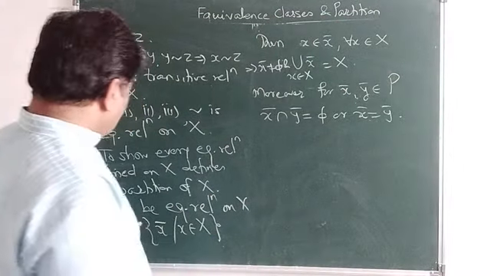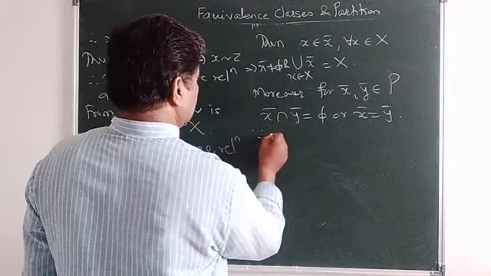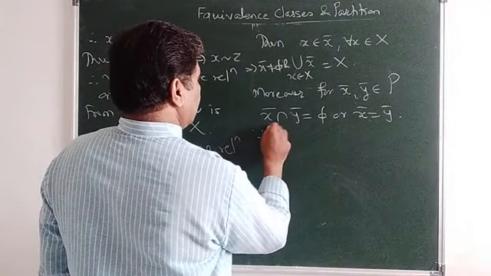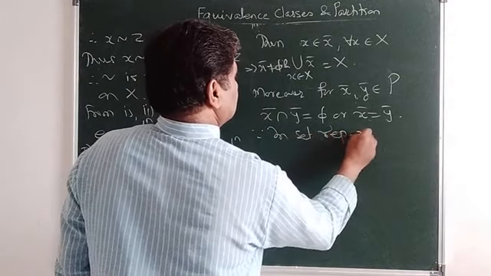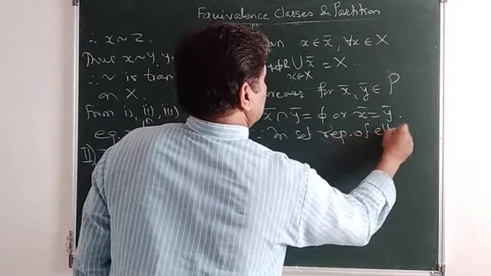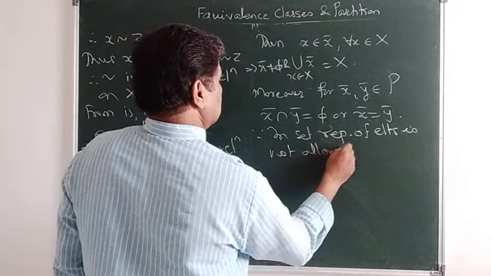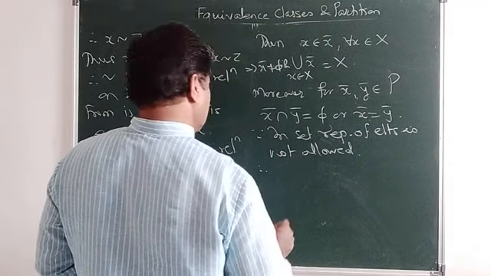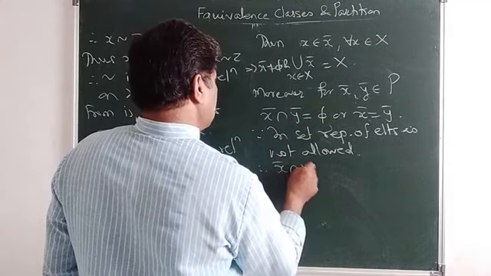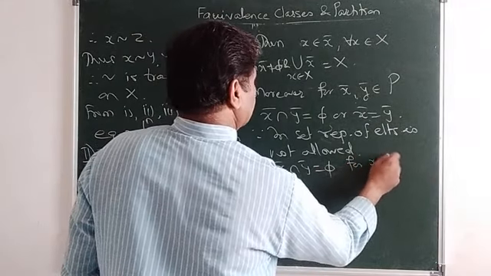Now, in a set, repetition of elements is not allowed. Therefore, x bar intersection y bar must be phi for x not equal to y.